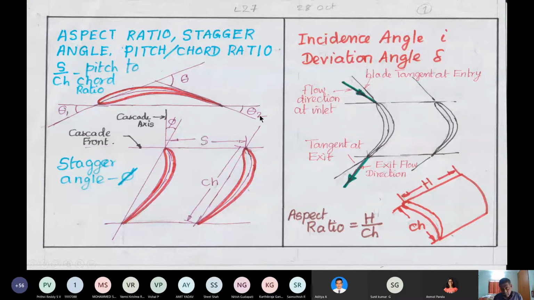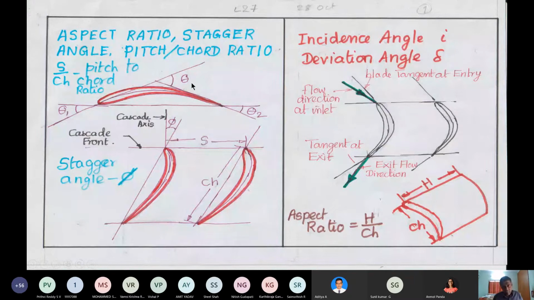Similarly, at exit, you have the tangent for the camber line at trailing edge, that is one direction, then the horizontal direction. So there you have the angle theta 2. You will find that this theta is actually the sum of these two angles. It can be easily shown in this configuration.